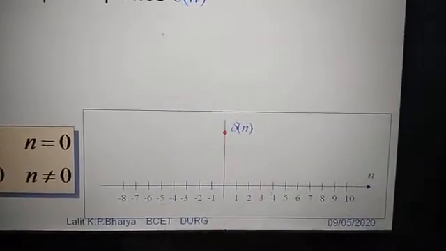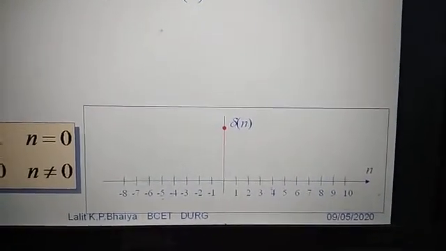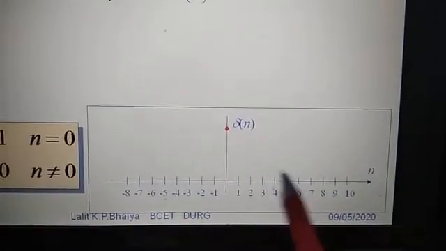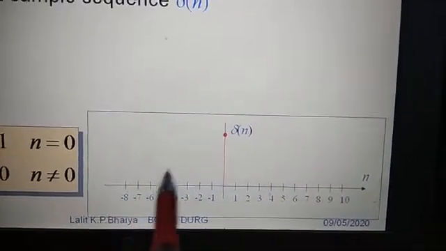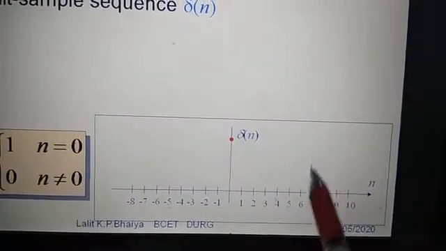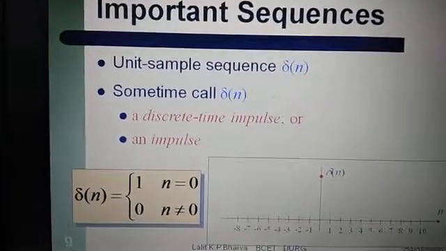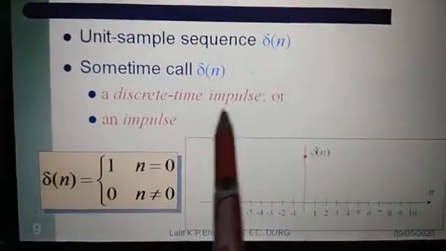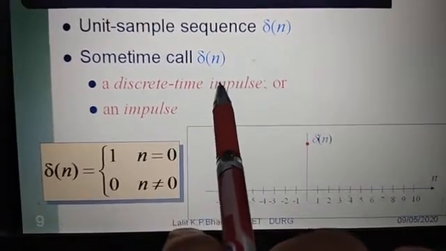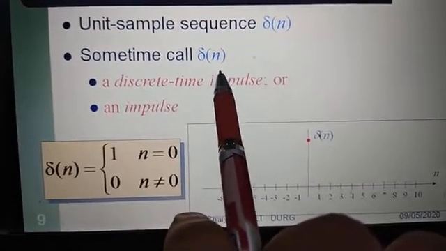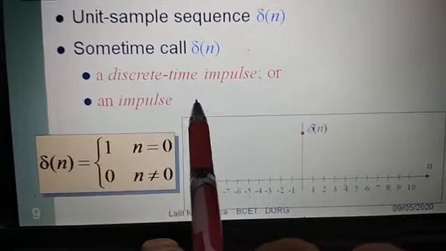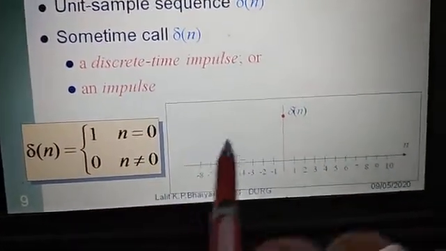Practically this signal is not possible, but a train of impulses can be obtained, and we can use a particular weightage on the particular n of the signal. The unit sample sequence, sometimes called del of n, a discrete time impulse, or simply an impulse, we have already seen.